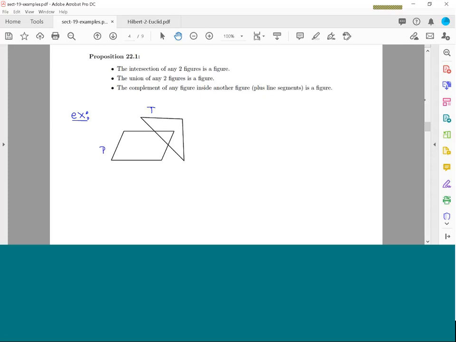Don't overthink it. If we wanted to look at the intersection of T and P, or the triangle and the parallelogram, any guesses what it would be? And then we'll do the same thing for union and complement too.